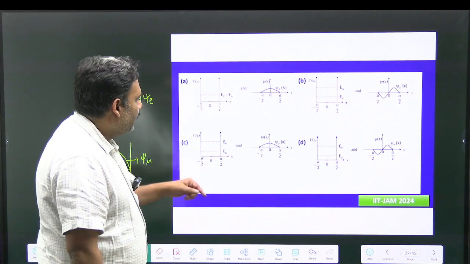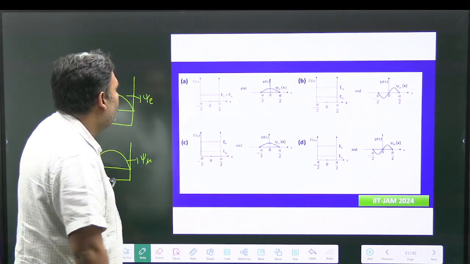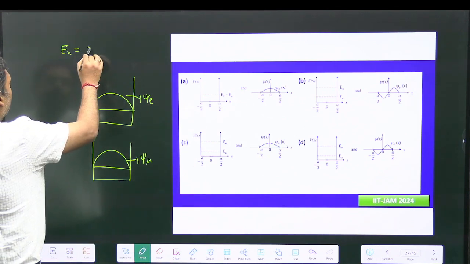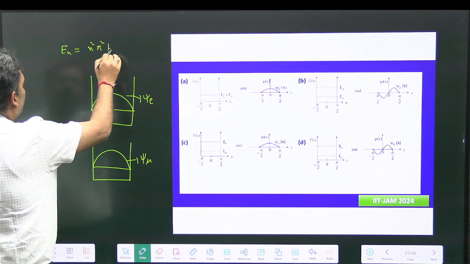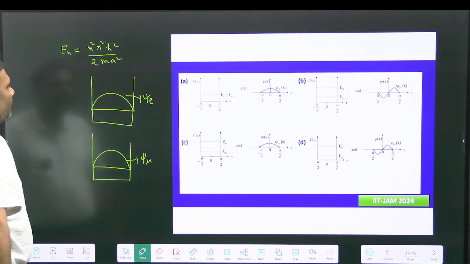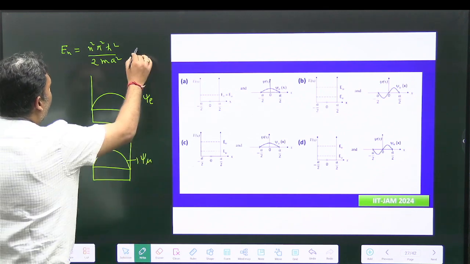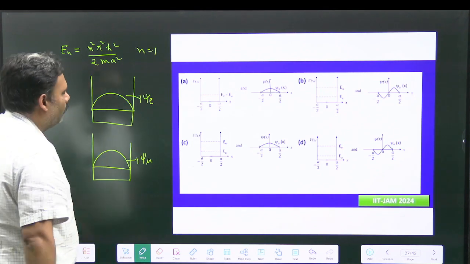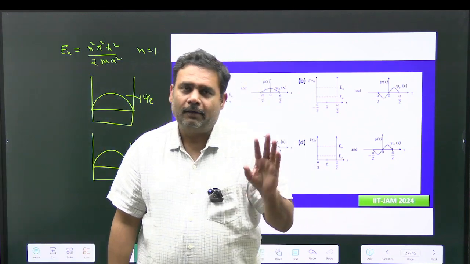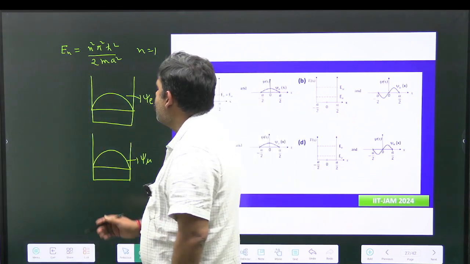Now the second is the energy eigenvalue, and we know the energy eigenvalue E_n is equal to n squared pi squared h-cut squared upon 2 m a squared. For the ground state, n is equal to 1 for any particle, whether it is muon or electron.